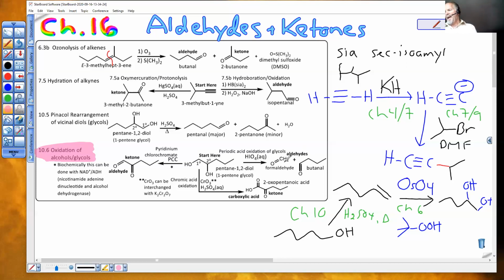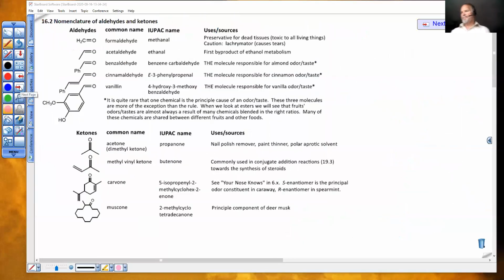And we made an aldehyde on the end and an aldehyde here because both of these carbons had at least one H, so aldehydes. Definitely review all the chromium reactions. That's these on the left side. Periodic acid, you probably won't see that again. So we've seen reactions that make aldehydes and ketones. We need to definitely have those in mind when we're studying a chapter that's about aldehydes and ketones.